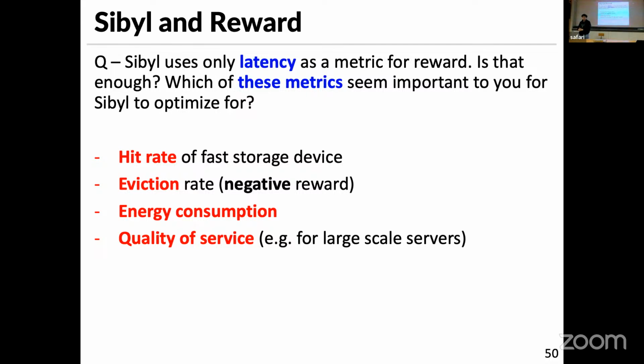If Cibil just learns to improve the average latency, there are going to be some users who have a very bad experience, but on average the user experience is good. That's still not what you want. So yes, that would be what I would have chosen.